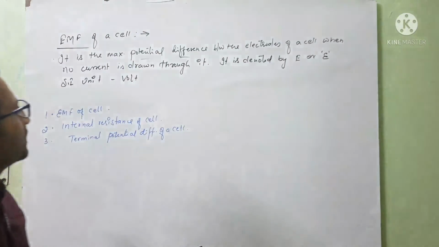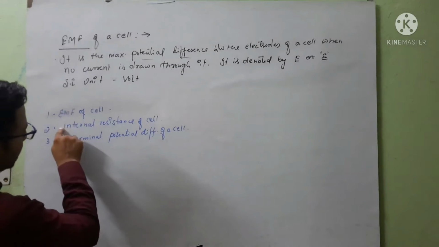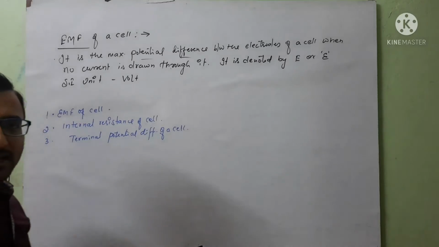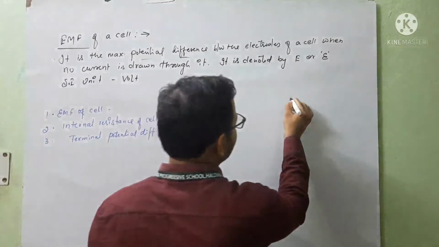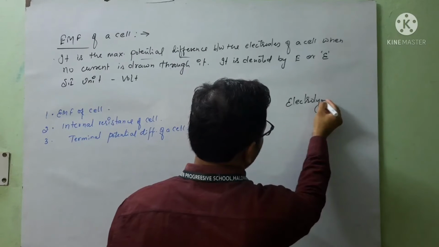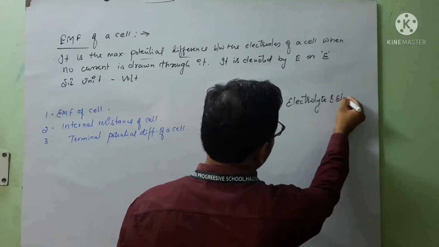Got it, student? So after the definition of EMF of a cell, I will discuss the internal resistance of a cell. What do you mean by the internal resistance of a cell? As you know, in a cell we have electrolyte, which means solution, and electrodes.